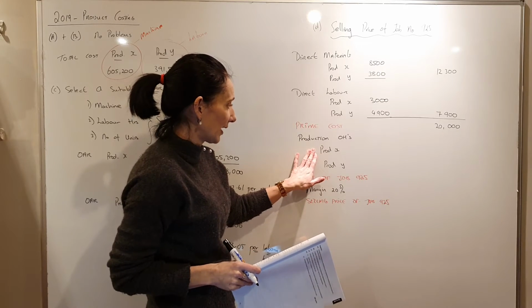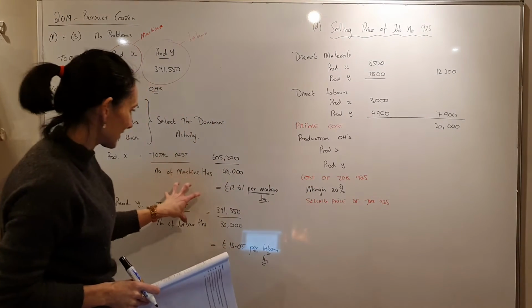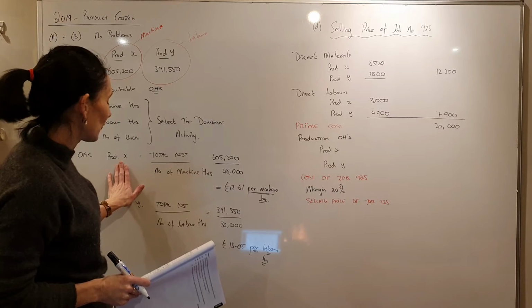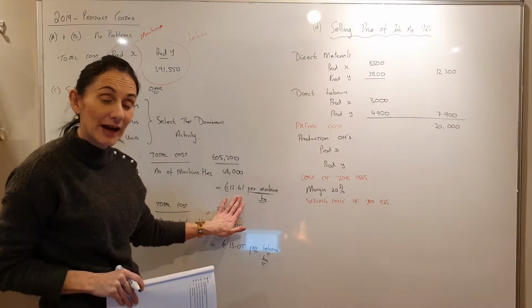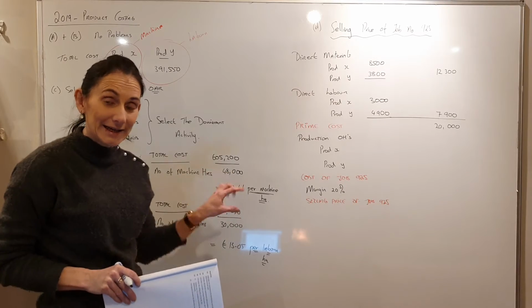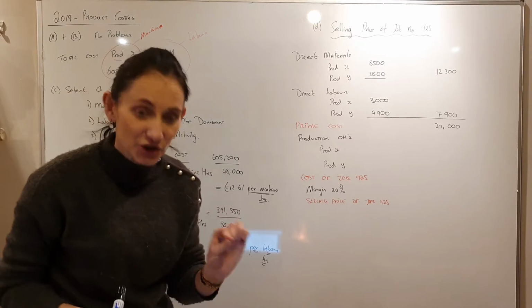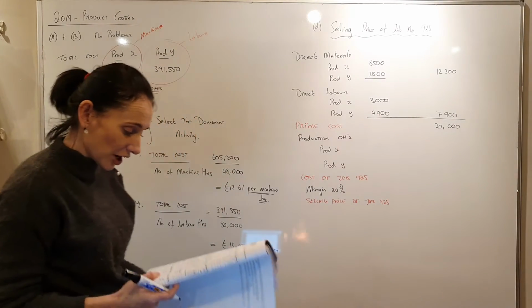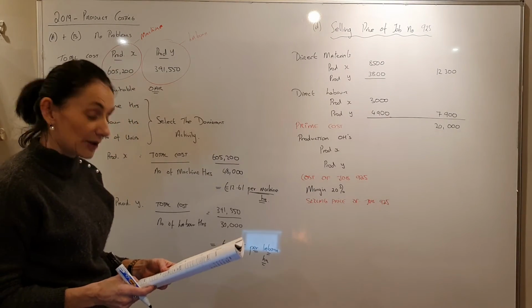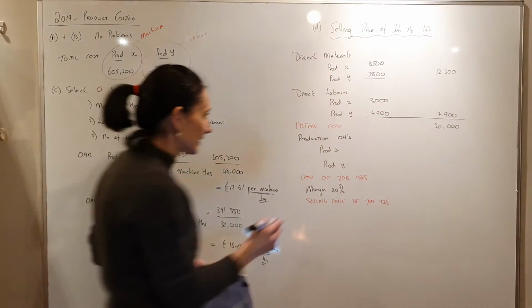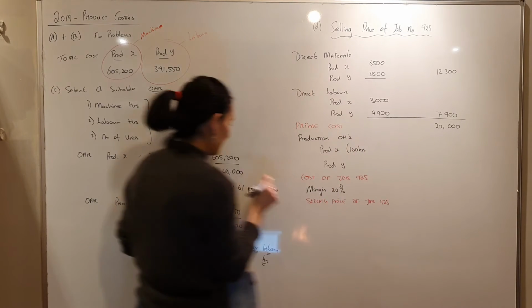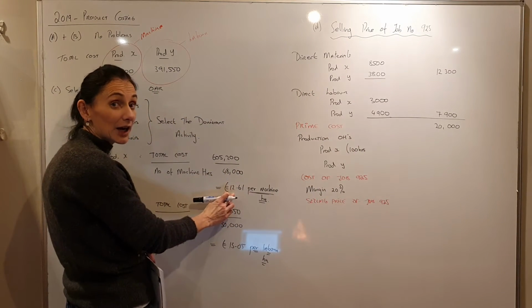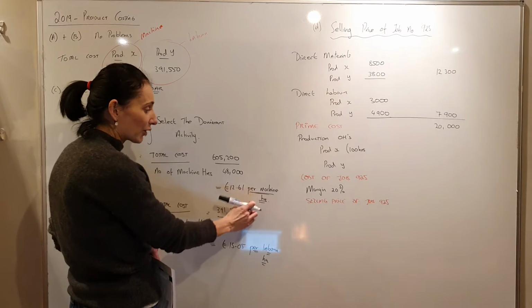Now your production overheads, how are we going to put these costs in? The production overheads in Department X, we're going to base on how many hours machines were running in Department X for this job. The machines were running for 100 hours, and every hour the machines were on, it'll cost you €12.61 per machine hour.